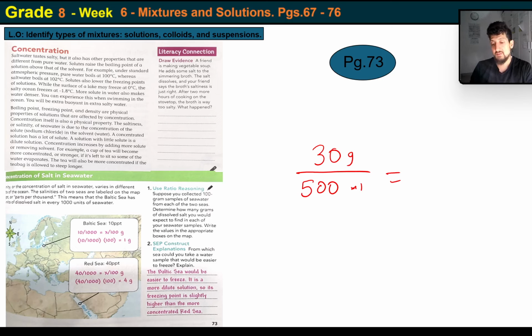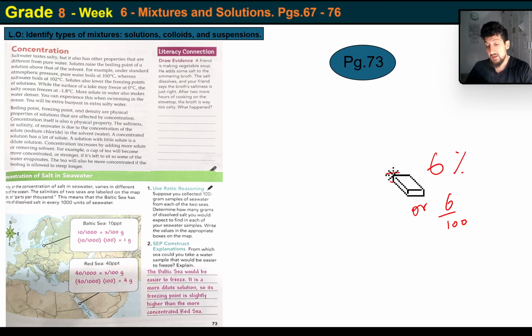So that's 30 divided by 500, which should hopefully give you 6%, or 6 out of 100 percentage-wise, right? And that's how you calculate that. Okay, so it's very, very easy to calculate the concentration. You just have to divide the solute by the solvent.